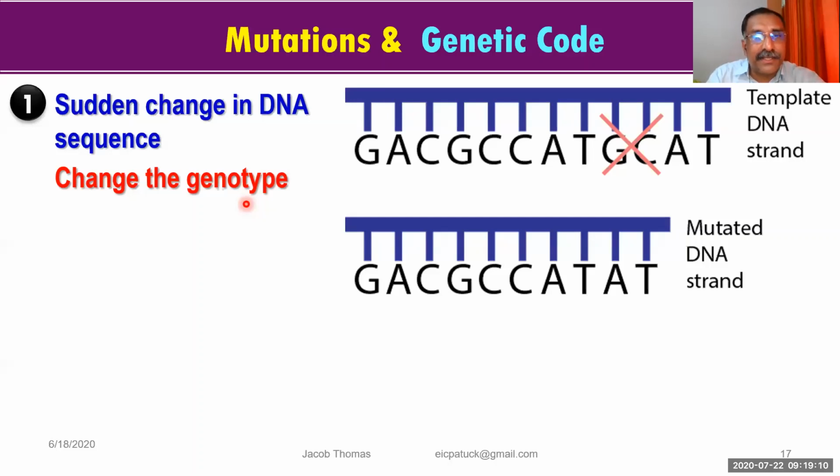Genotype means the genetic constitution of a character. And when this genetic constitution is expressed in an observable form, that means you can see, you can touch, you can observe, that is called the physical character. The physical character is known as phenotype.